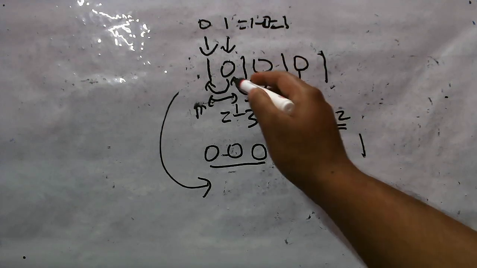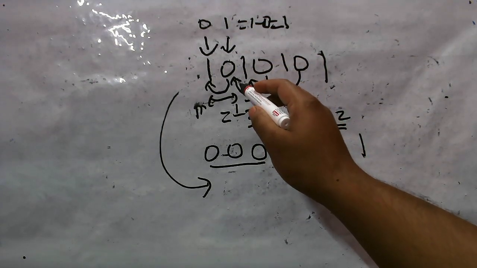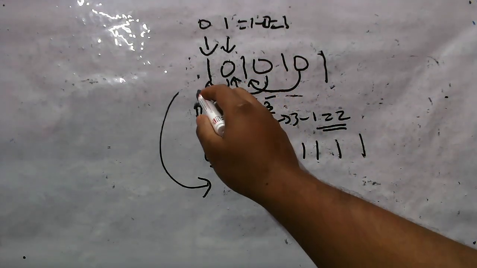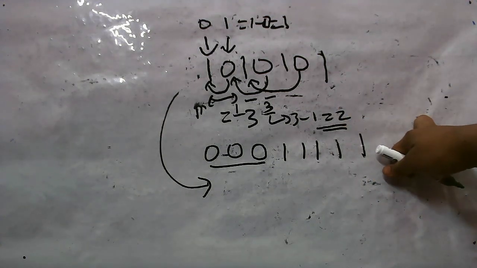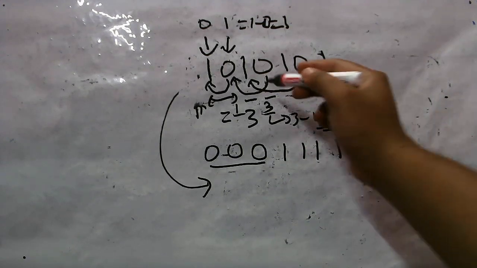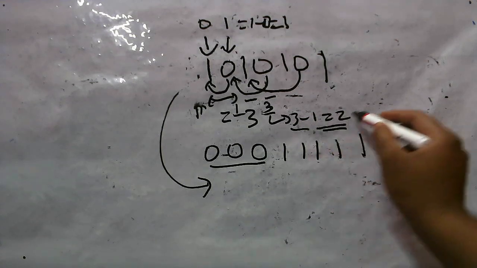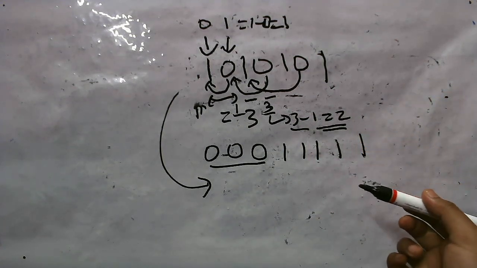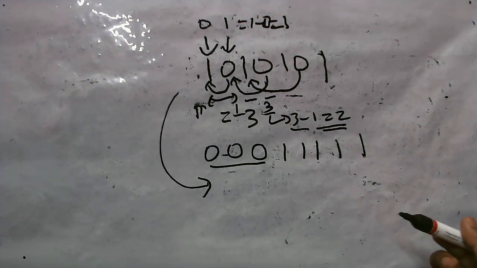This way, we keep a pointer to the location in which we desire 0 to be present, and we traverse from left to right, trying to find the available 0, and we just need to find the subtraction of these two locations. This will give us the result. You can find the coding approach of this in my description box. Thank you.